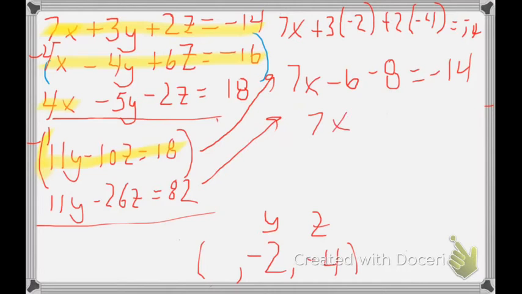So 7x minus 14 equals negative 14. So 7x is going to equal 0. So x is going to equal 0.